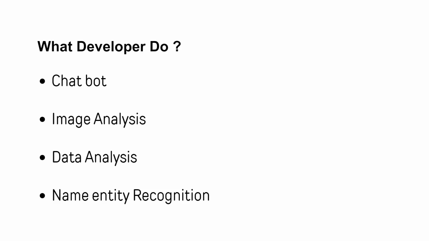So if we give an image as input and tell it to find the crucial information from the image, it can return that easily as well. Also data analysis, named entity recognition, and so on and so forth.